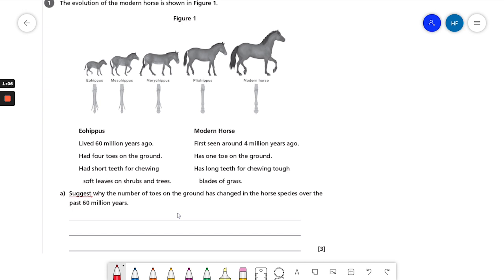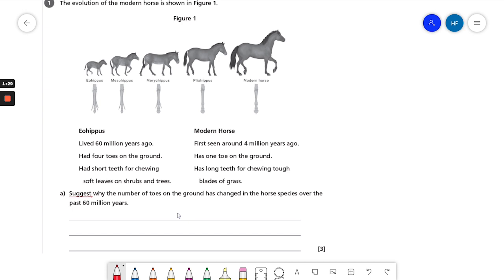So what important information does the question give us? Well, we're given the list of characteristics of the Eohippus compared to the modern horse. And we can see from the diagram that over the years, the Eohippus lost its 4 toes, and the modern horse only has 1 toe, what we also call a hoof. And the images also show us that the horse gets considerably larger over the years.